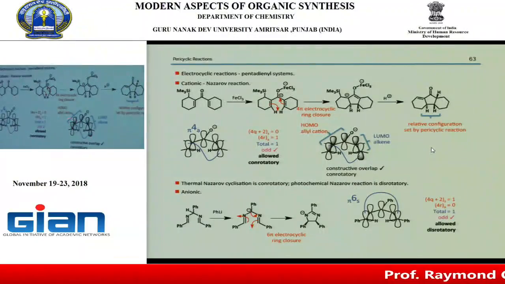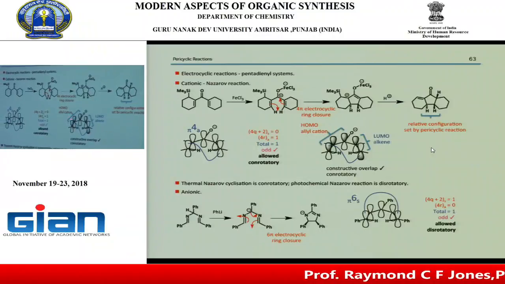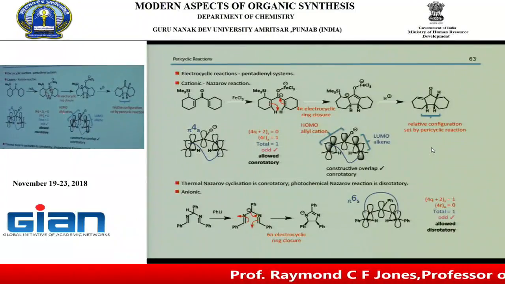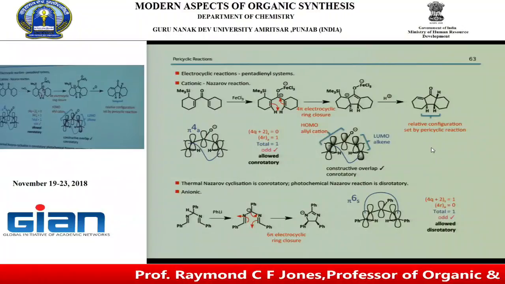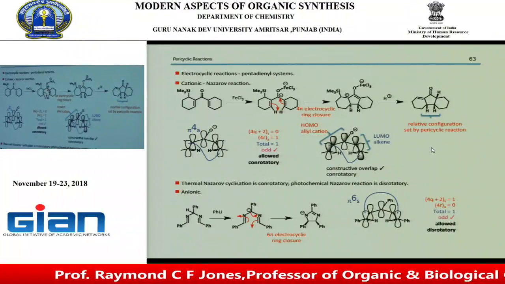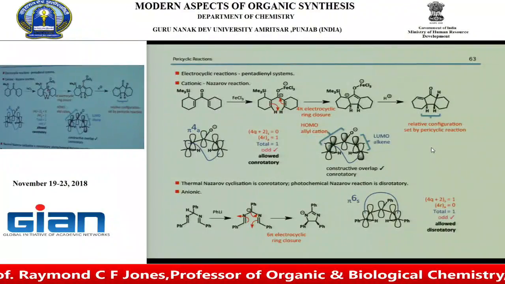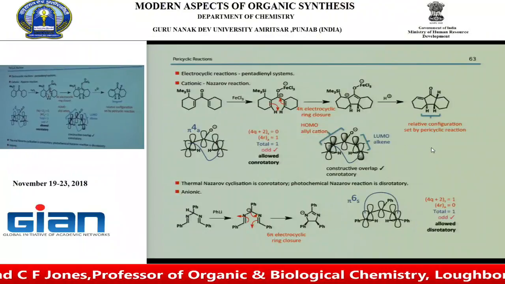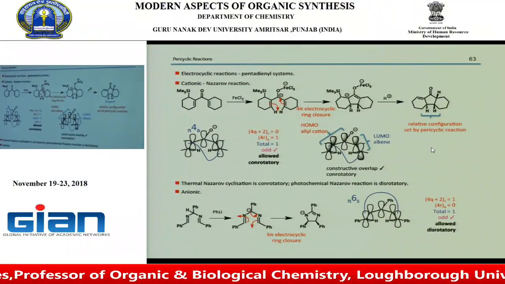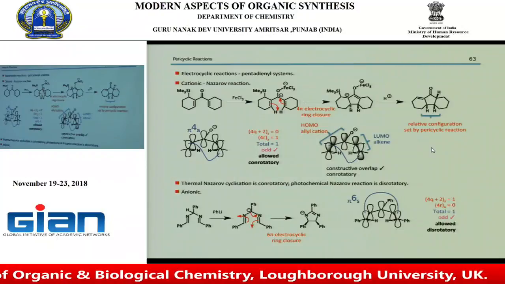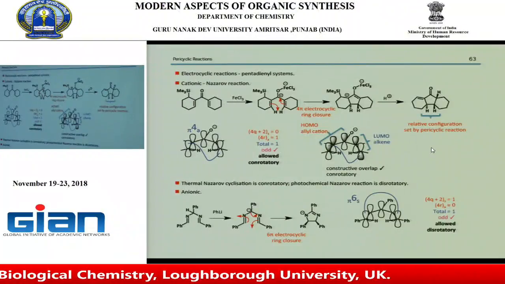If you're going to pretend it's two bits, you can have a HOMO of the allyl cation and a LUMO of the alkene, and it works conrotatory. You could also try and just draw the orbitals for a pentadienyl cation, which would give you the same result, conrotatory.